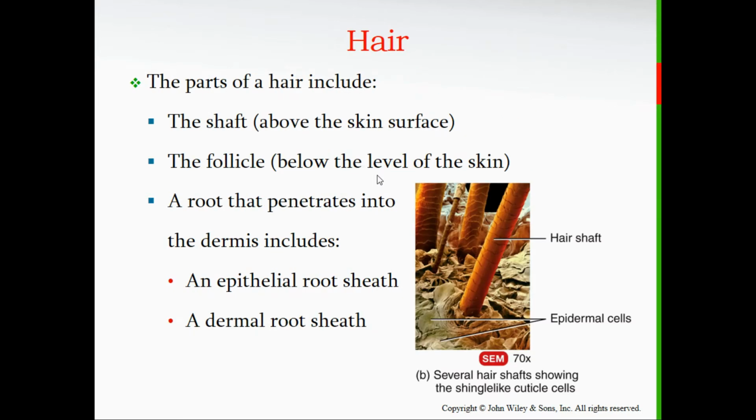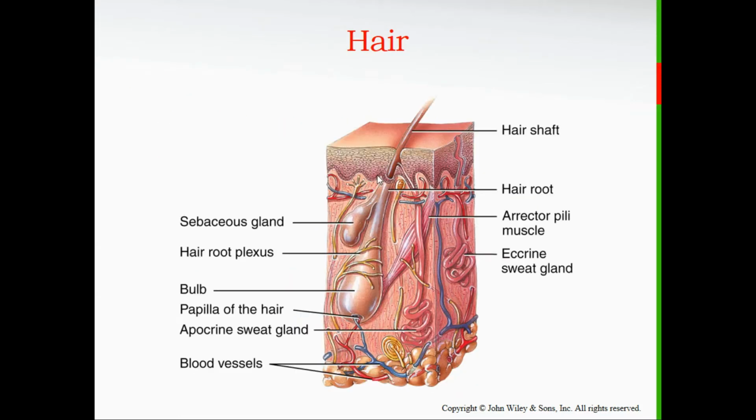The parts of the hair include the shaft. This is the part of the hair that's above the skin surface. This is the part that we can see. The root is the part of the hair that is embedded within the skin. And then we have the follicle. The follicle is the protective sheath that is around the hair root.